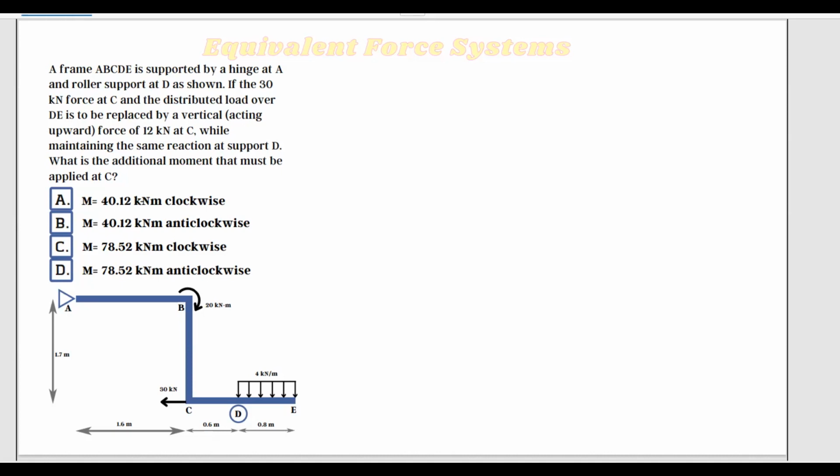So we're told, we have this 30 kilonewton force at C, and the distributed load over DE, and this load is to be replaced by a vertical upward force of 12 kilonewtons.